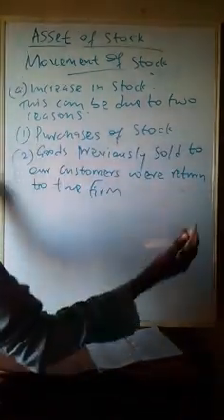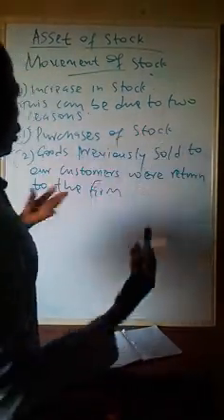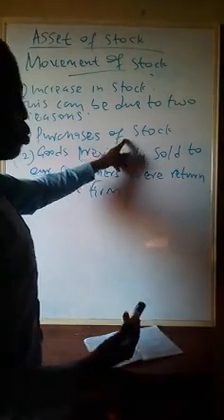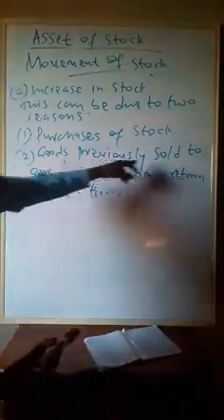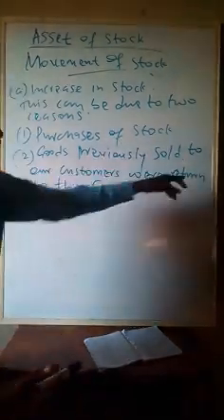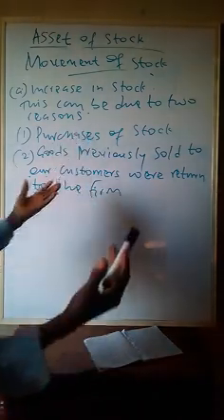What are the concerned accounts for this? When purchase of goods, purchase of stock, what account are we to open for it? When goods previously sold to our customers were returned to the firm, what account is involved?